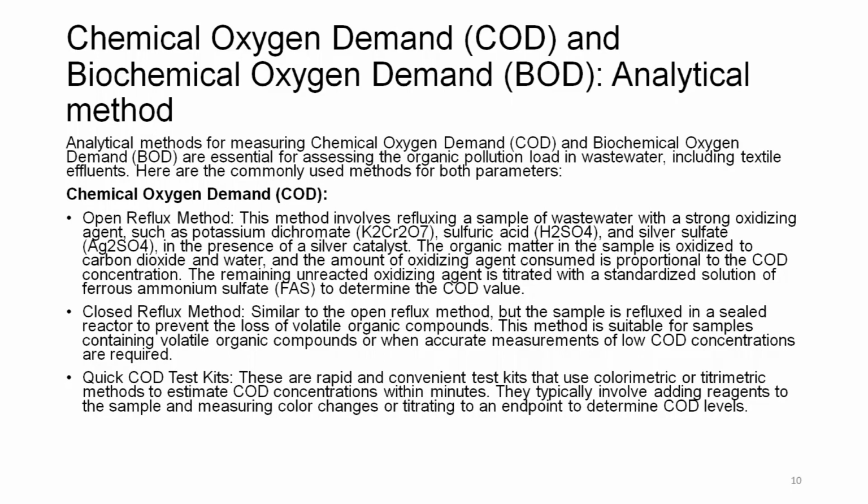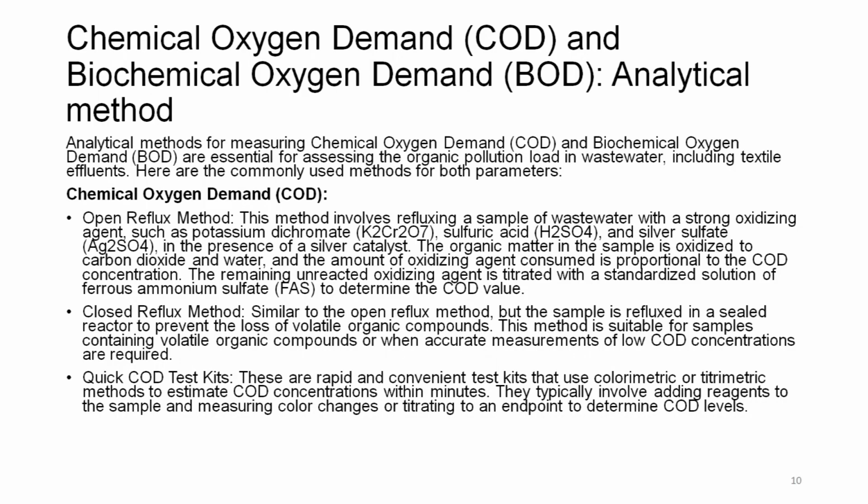The organic matter in the sample is oxidized to carbon dioxide and water, and the amount of oxidizing agent consumed is proportional to the COD concentration. The remaining unreacted oxidizing agent is titrated with standardized solution of ferrous ammonium sulfate to determine the COD value. So, it is a very simple open reflux method.